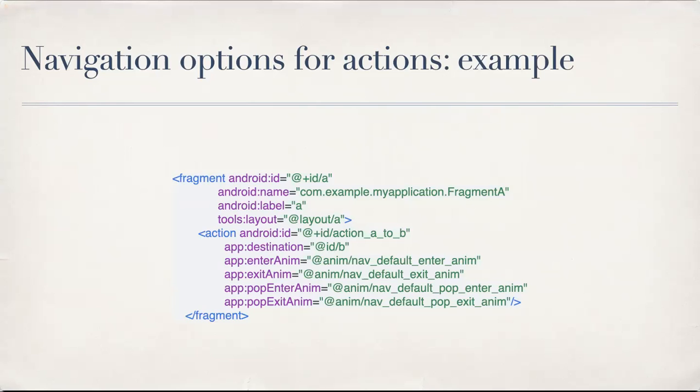Okay, and finally, here is an example. So what we have here, we have a fragment A, and then it has an action A to B, and it specifies the destination, and it has enter animation, default enter, it has exit animation, default exit, and so on. And when you're popping, it has its own default animations as well.